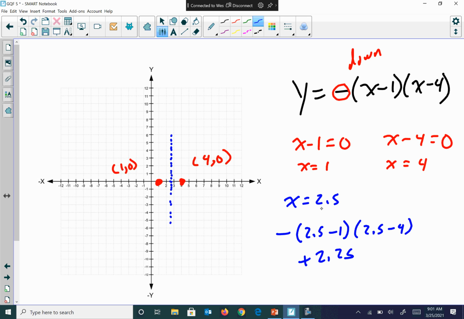I got 2.5 comma 2.25. Does this make sense that my parabola should be opening downward?